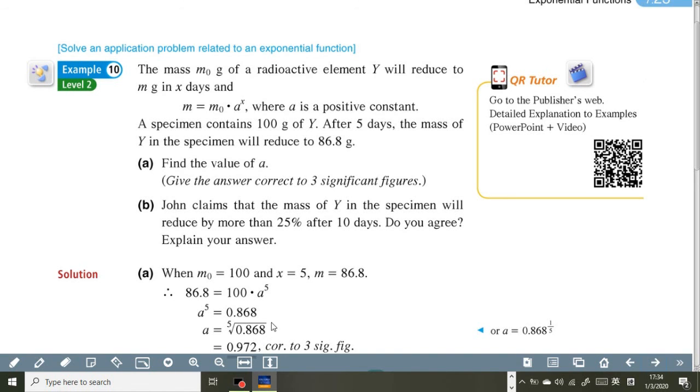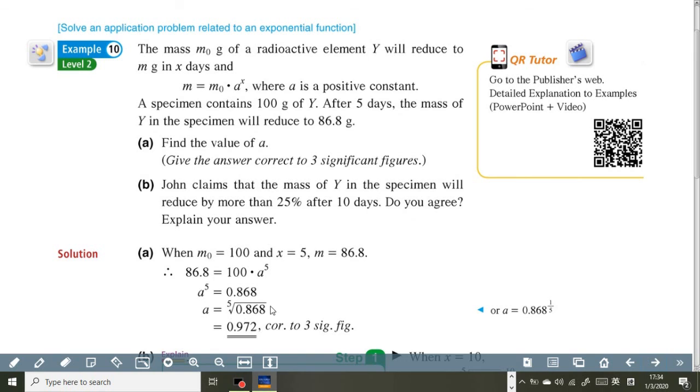You must keep this expression because you may have further calculation, but in this part you want to give the answer to 3 significant figures, so you press your calculator and get 0.972. You can use this value directly for the next part, but if you do, it introduces an error. If you want to reduce the error, you use this expression.